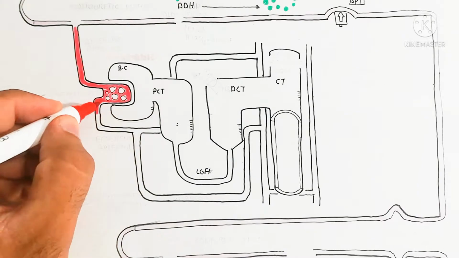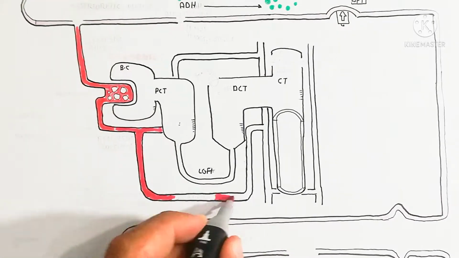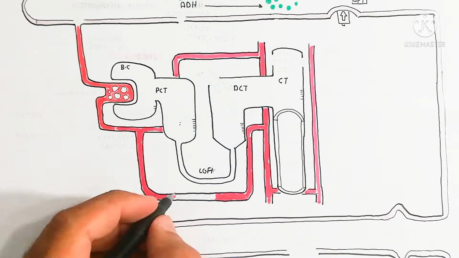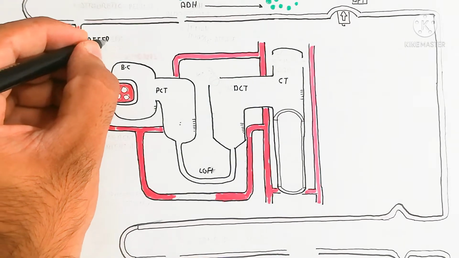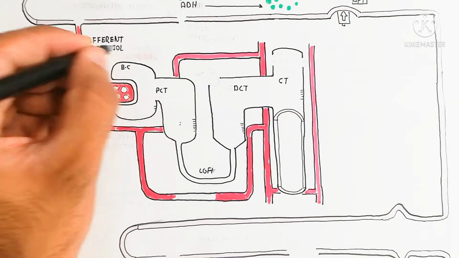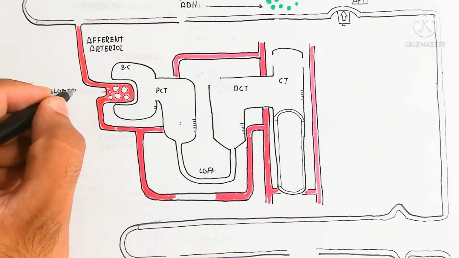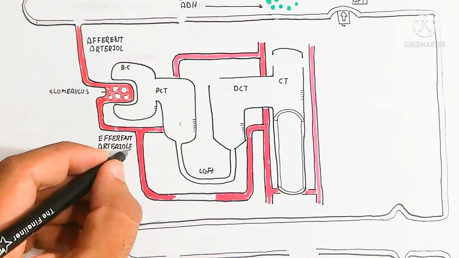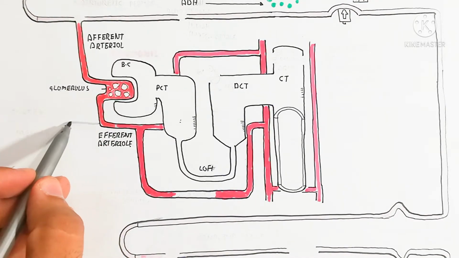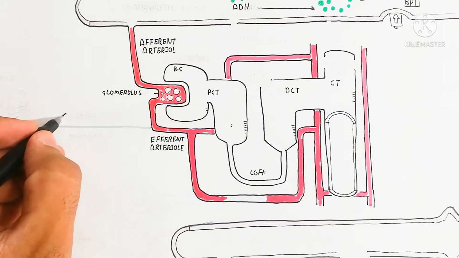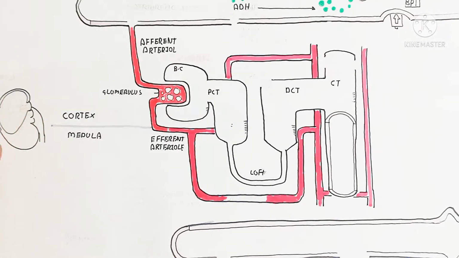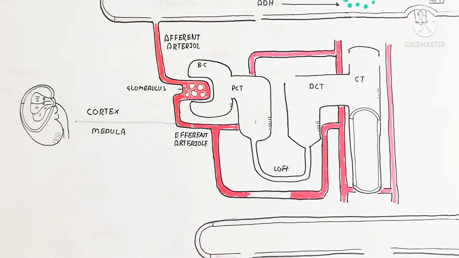Here is the afferent arteriole going toward the glomerulus, while the efferent arteriole is used for reabsorption to make the vasa recta, the reabsorption of the filtrate, again the uptake of minerals and ions.